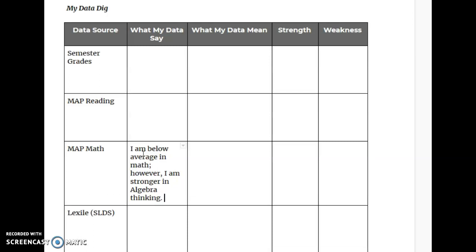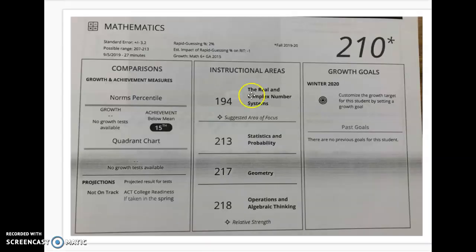Okay, so we know that there's a strength. So what does that mean? I want to go back and look at that report for just a second. If I go back and look, real and complex number systems, that gives us an idea of what they need to work on.